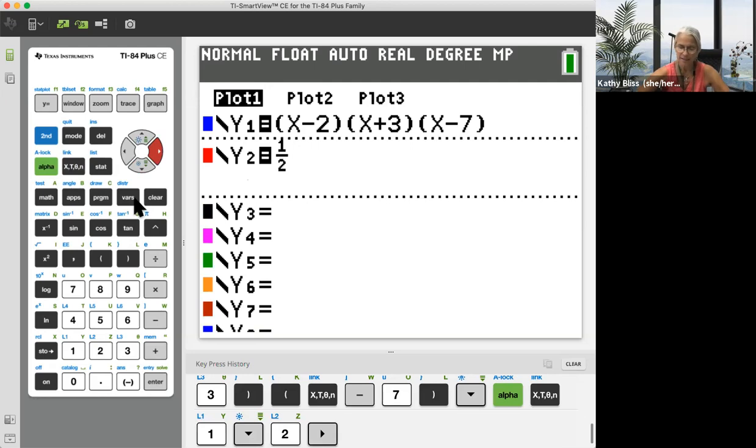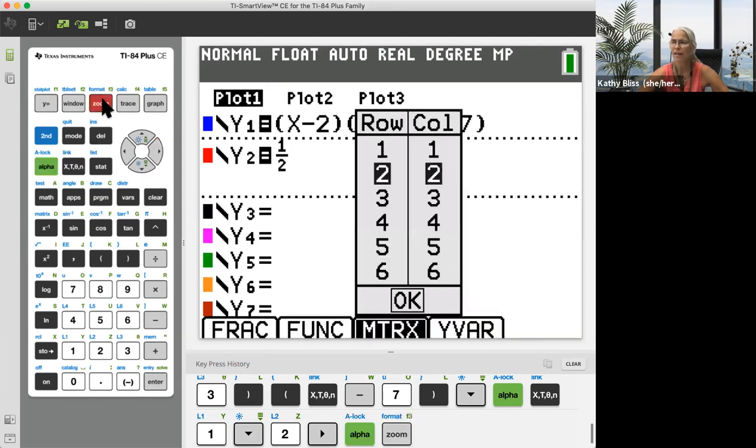And then you're going to put the exact same thing you put in up above. Now I could type in (x minus 2)(x plus 3)(x minus 7), but I also know that this whole thing is in Y1. So there are shortcuts up above here to be able to get to Y1. If I do the alpha key and hit F3, oh, not F3, it must be F2.